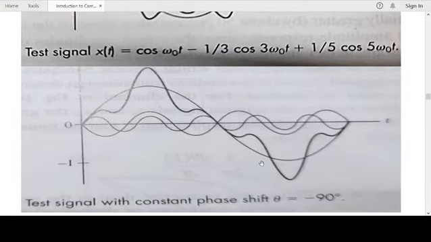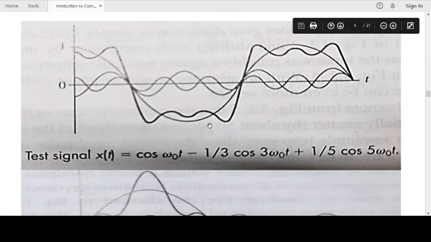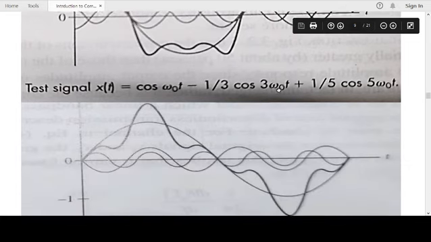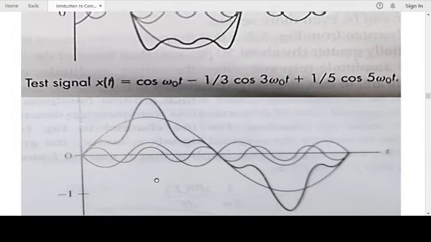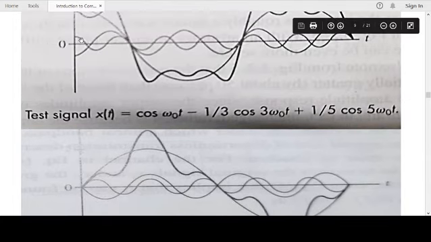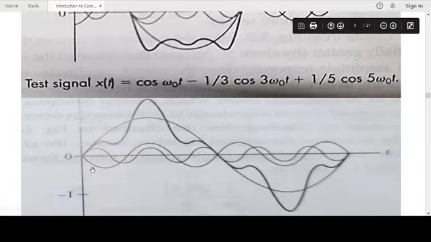Now, an interesting thing we'll see is when we again consider this signal, when it passes through a constant phase shift. Let's say the same signal, this combination of three sinusoids, is passing through a constant phase shift of minus 90 degrees. So the first sinusoid, omega naught, is shifted by 90 degrees.